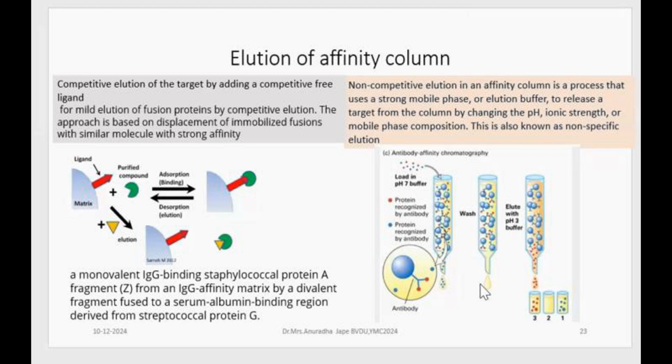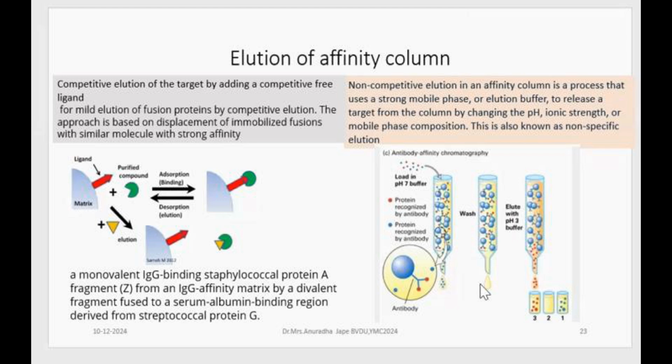This is just to reconnect you with the term, how displacement is used as a method for elution of an affinity column, as we have discussed in one of the examples. I think it was related to lectins, right?